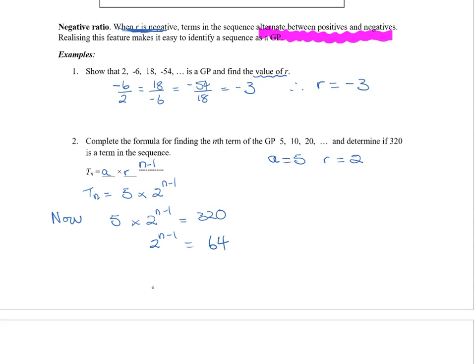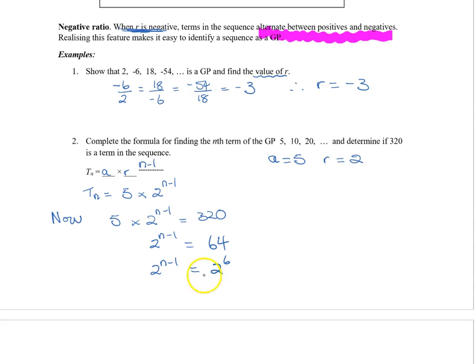Alternatively, we could say, and this is where, if you recognise 64, that 64 can be written as 2 to a power, it really helps. So hopefully we know that 64 is 2 to the power 6.